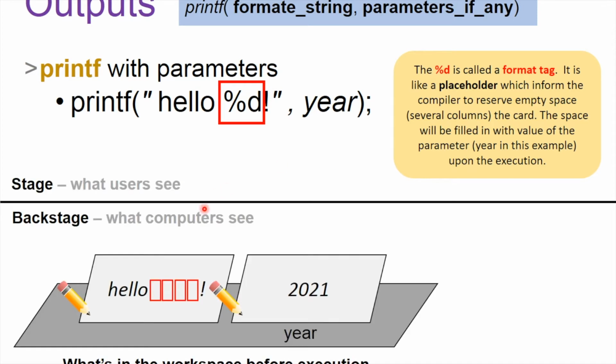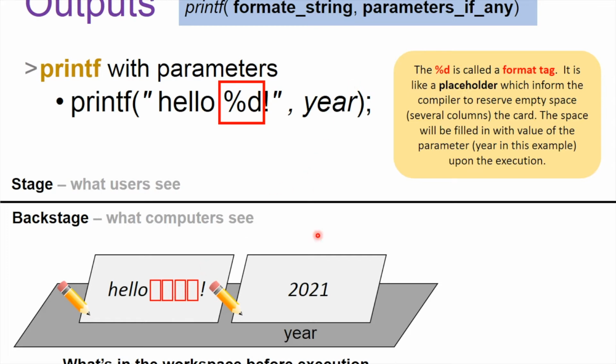So what is happening in the memory, or in the backstage, is like this. For the very beginning, the hello and the text string in the workspace, we have a card to save this string, but the format tag is like a placeholder there, because we're going to output something to this place.